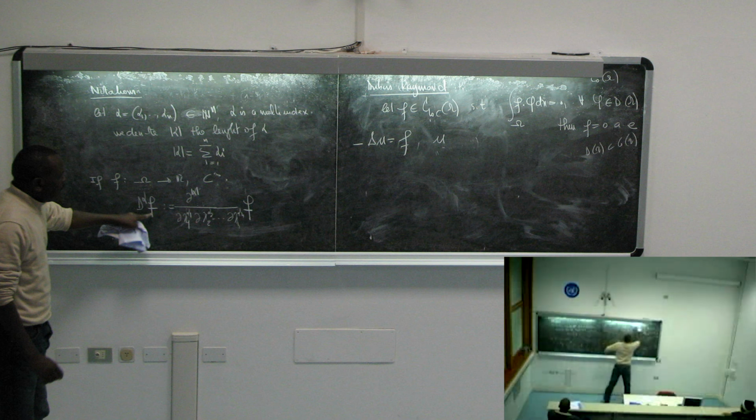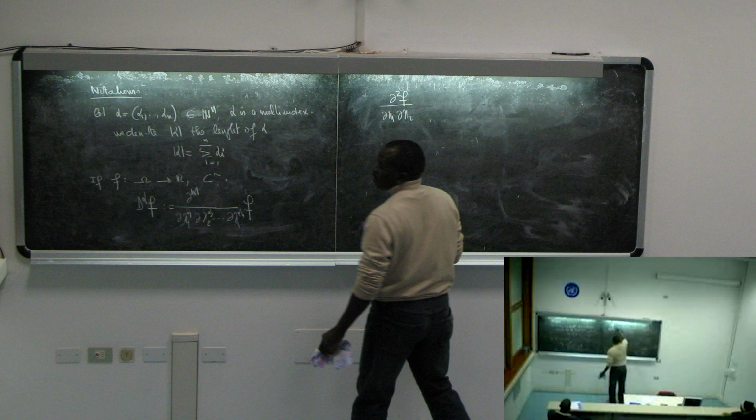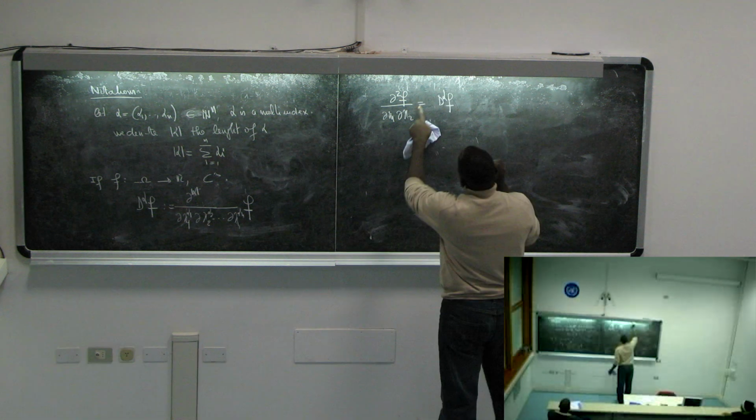Example: if for example we want to compute d squared of f over dx_1 dx_2, this is just D^alpha of f. We are in R^2, or even in R^n, take f from R^n to R. This is D^alpha of f, where alpha here is equal to what? Alpha is 1, 1, and 0, and 0.